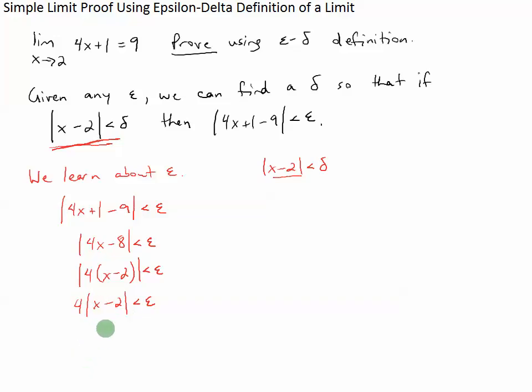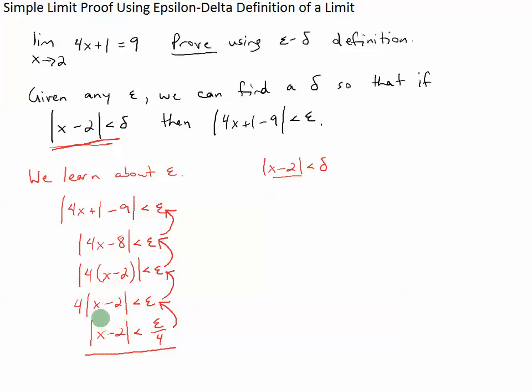So what I can do now is divide both sides of this inequality by 4, and look what I have. The absolute value of x minus 2 is less than epsilon over 4. Notice that if I start with this and then multiply by 4, I'd get this, and then put the 4 back inside the absolute value, I'd get that, and if I distribute that 4, I'd get this, and if I rewrite negative 8 as 1 minus 9, I'd have this.